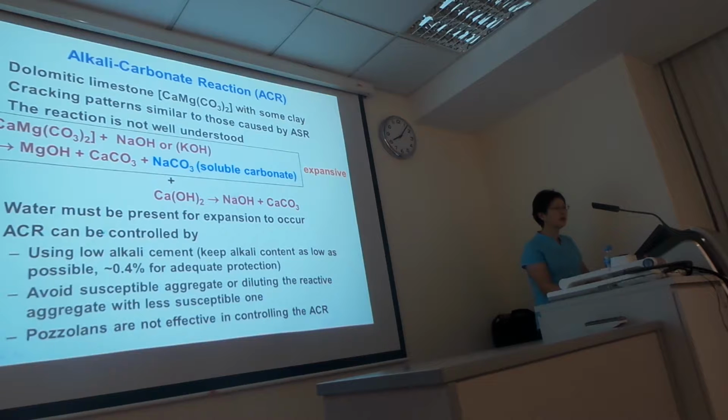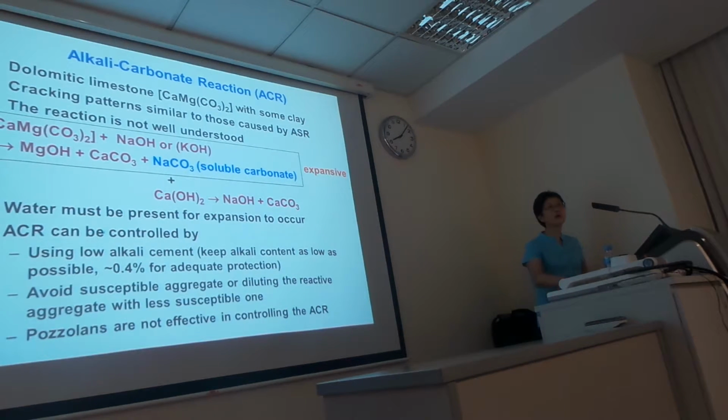So this sodium hydroxide is resupplied, so it can continue to attack this dolomitic limestone. So it is believed this chemical reaction will cause expansion, so eventually cause internal stress and cracking of concrete.